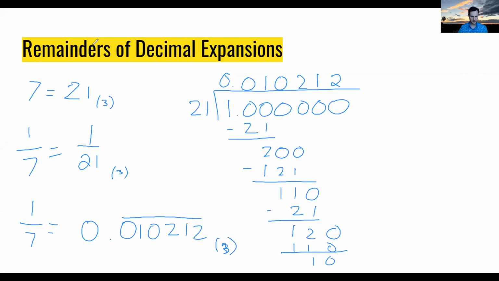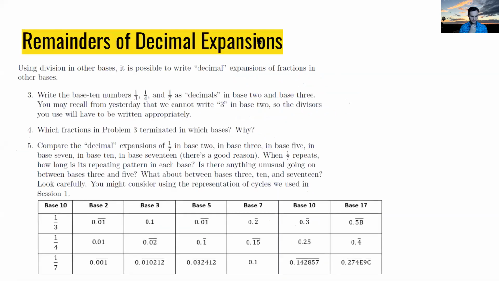So let's look back at a bunch of patterns. Here we've got 1/3, 1/4, and 1/7 in bases 2 through 17, selected bases. Take a moment and look at some patterns here. Notice which fractions terminate in which bases.